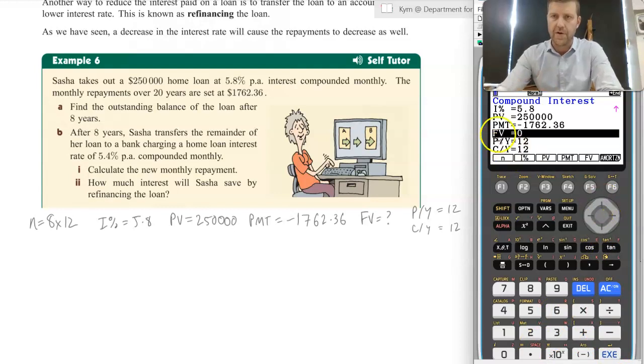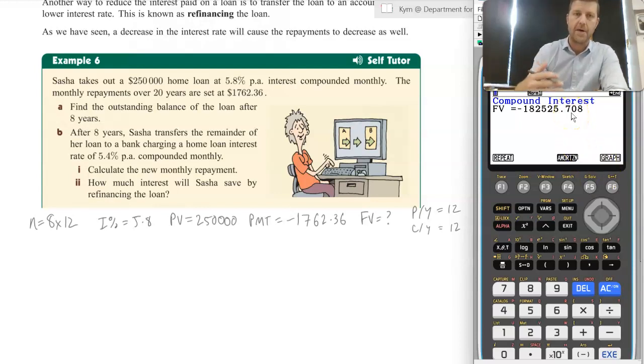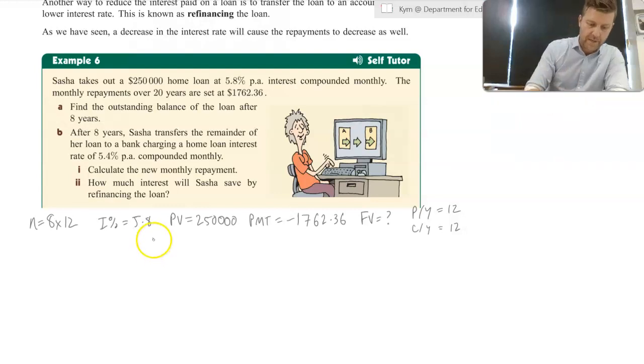So I want to know what the future value will be after 8 years. Calculator tells me there will still be $525.71 owing. So that is how much is outstanding after 8 years, or that is the future value.